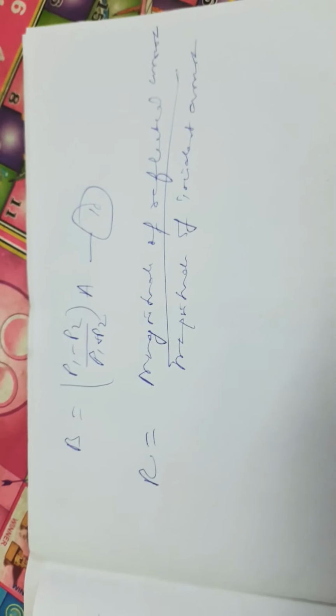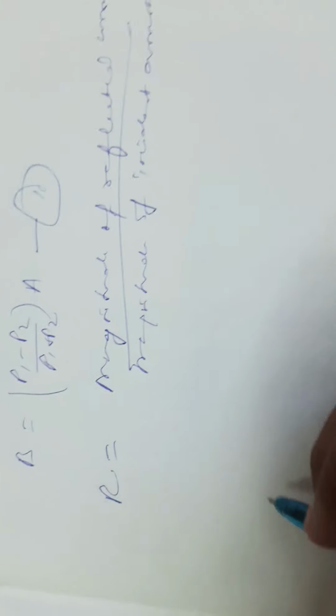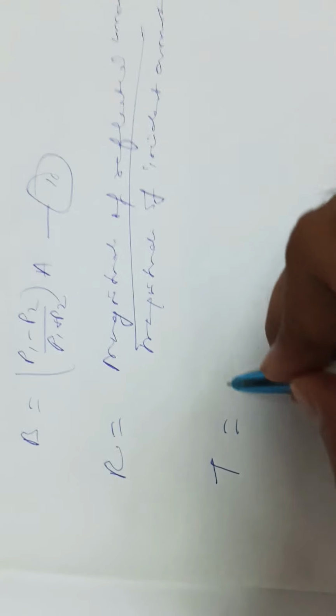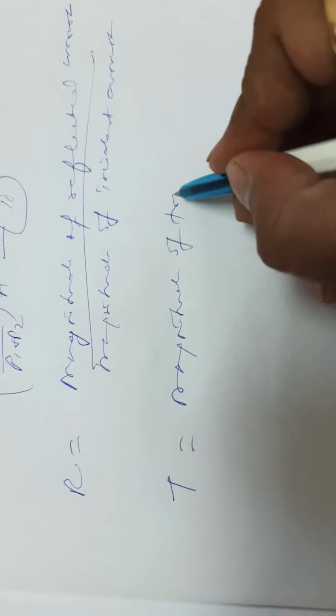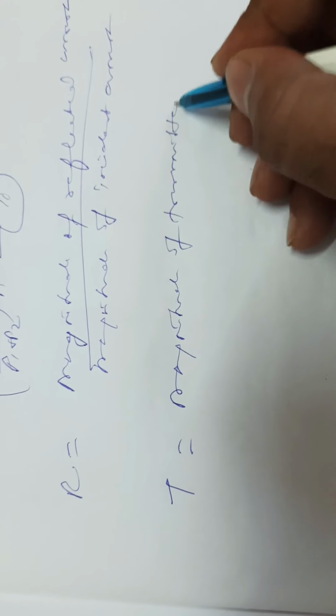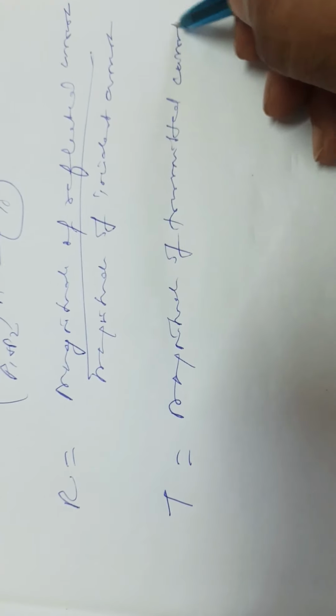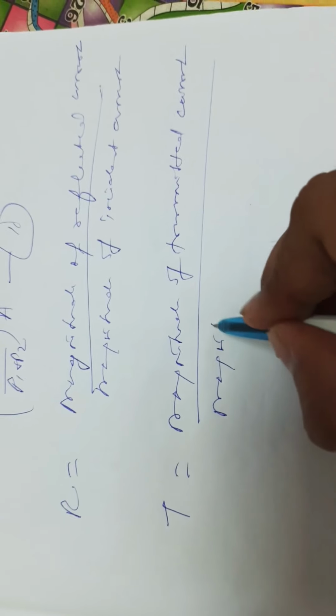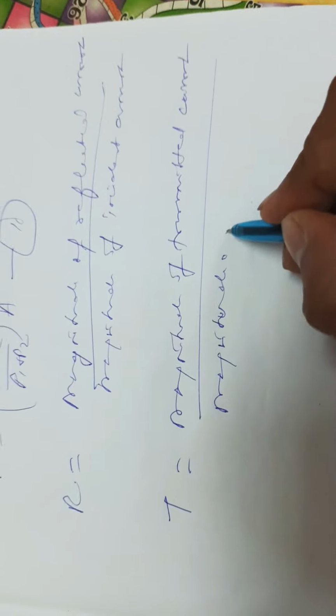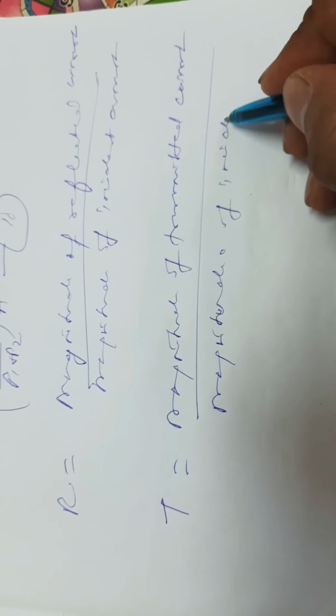Similarly, the transmittivity or transmittance of the electron is given by T equal to the magnitude of transmitted current by the magnitude of incident current.